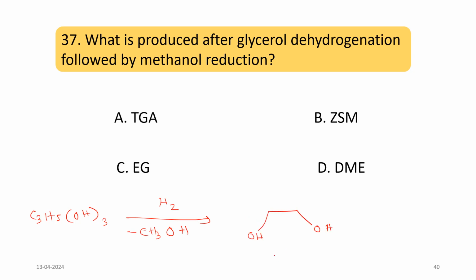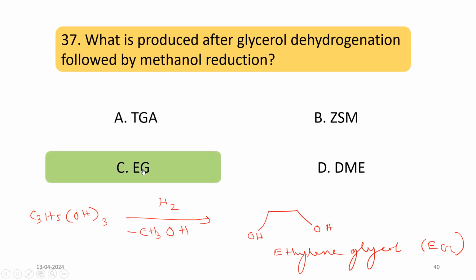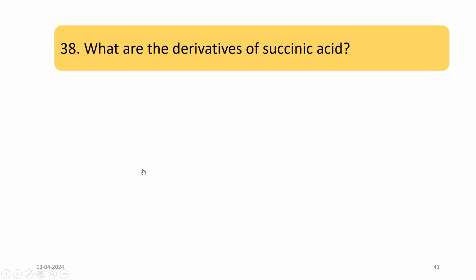This is ethylene glycol, that is EG. So the right answer is EG. Next question. What are the derivatives of succinic acid?